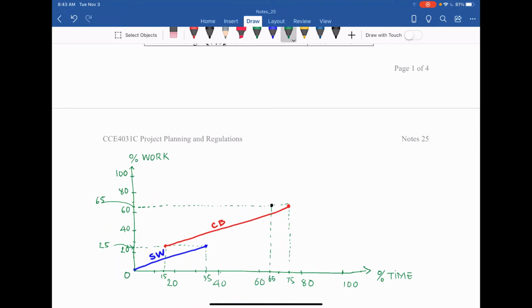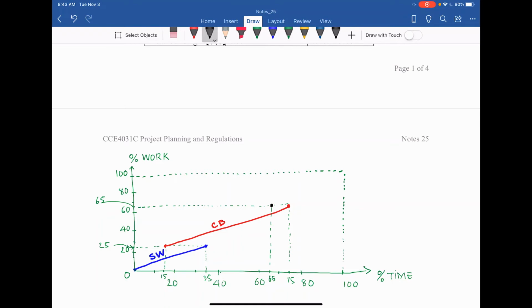So we draw a horizontal line at 100% for the work and a vertical line at 100% for the time.